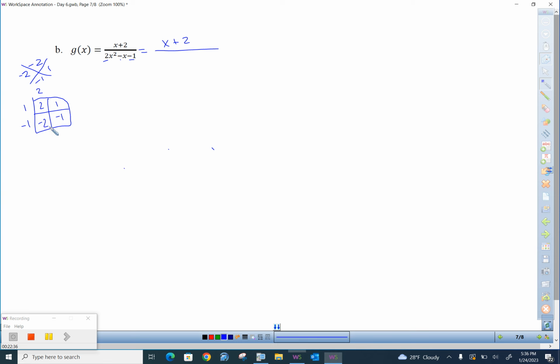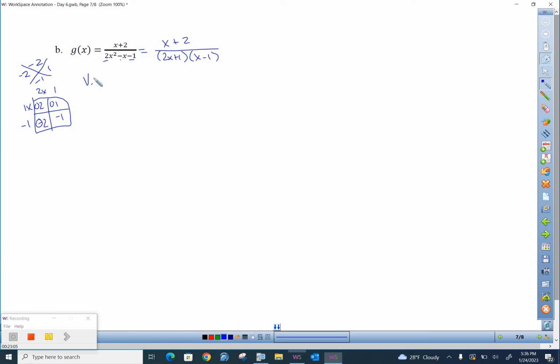Remember, you want to match the sign of the first term in your box as you go around these directions. It doesn't have to be negative for both for a negative to come out. So this factors into 2x plus 1 and x minus 1 in whichever order you like. It doesn't matter. But now that we have that, we can start answering some questions.